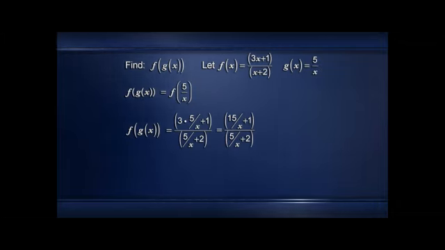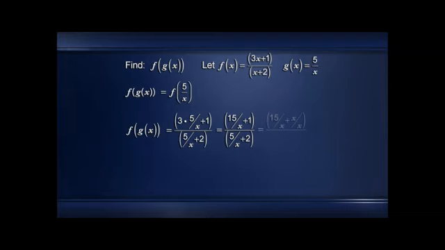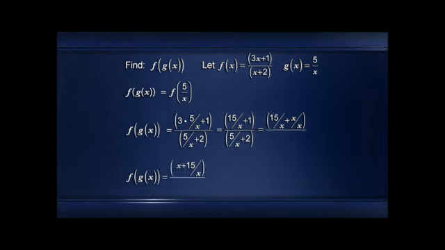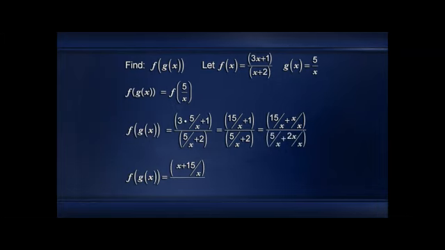So let's look at the numerator first. You have 15 over x plus 1, which is the same as 15 over x plus x over x. And now, once I have those common denominators, I can just write all that as x plus 15 all over x. Now look at the denominator. You have 5 over x plus 2, which is the same as 5 over x plus 2x over x.